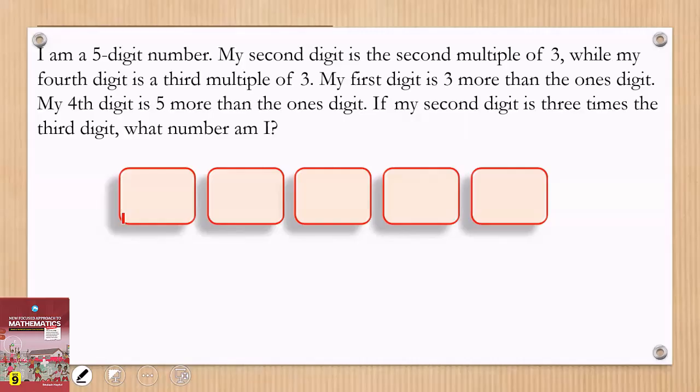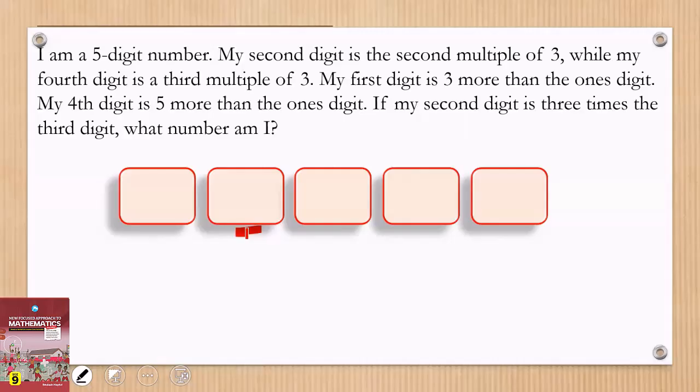Okay, let's analyze this one after the other based on our knowledge in place value. Then we know the positions of values. So if I say the 10th digit, you know where it is. Now I'm a 5-digit number. My second digit is the second multiple of 3. Multiples of 3, we can start from 3, 6, 9, and so on.